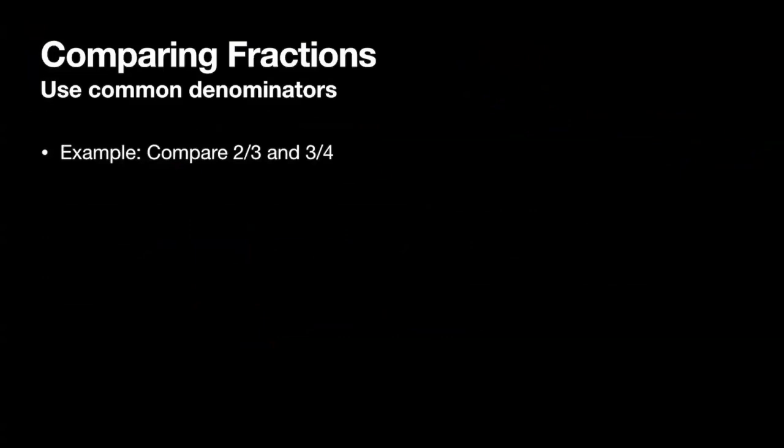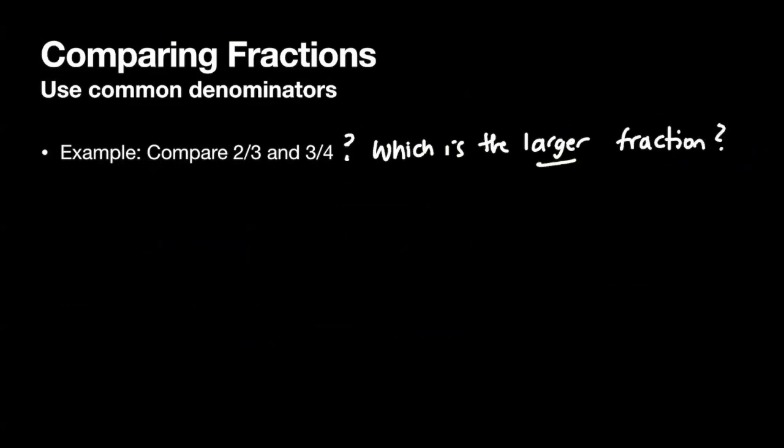So here is what we'll do. We'll see an example now. We want to see, is 2 by 3 bigger or is 3 by 4 bigger? Which is a larger fraction, right?